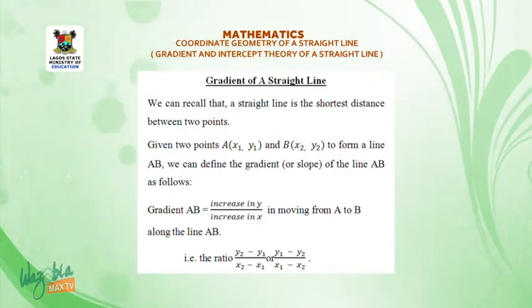Gradient AB is equal to increase in y all over increase in x in moving from A to B along the line AB. That is the ratio y2 minus y1 all over x2 minus x1, or y1 minus y2 all over x1 minus x2.